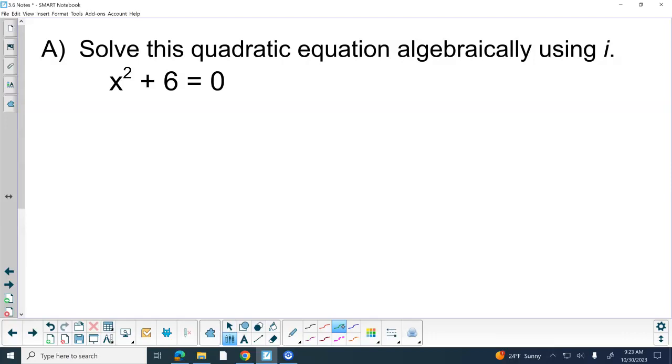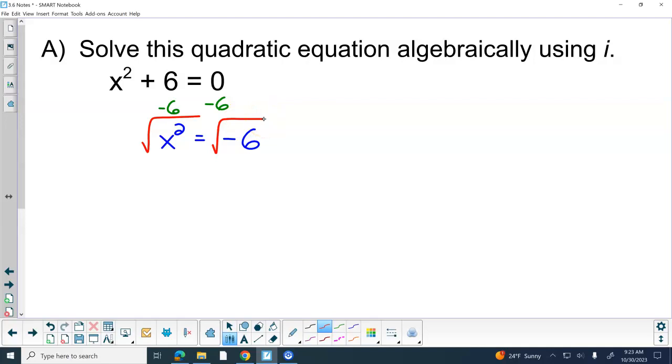But if you don't have that linear term where you just have a squared term, then you can get the squared term on one side and the numbered term, the constant term, on the other. That allows us then to take the square root of both sides.